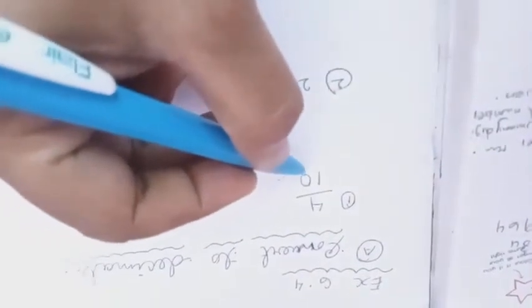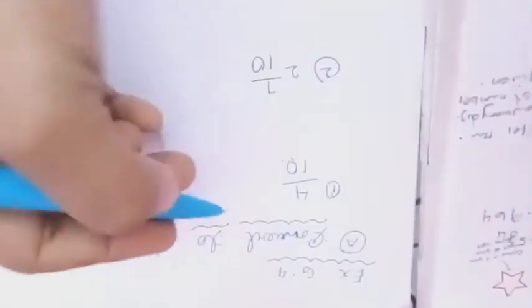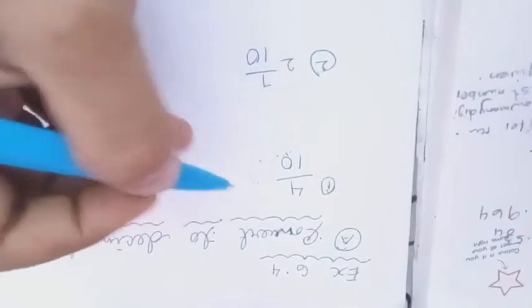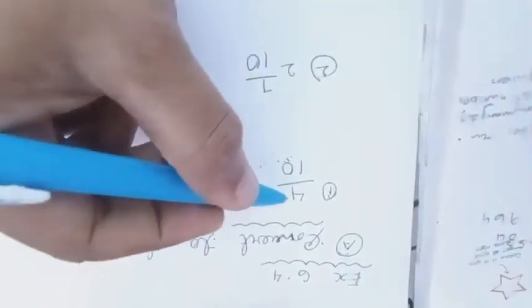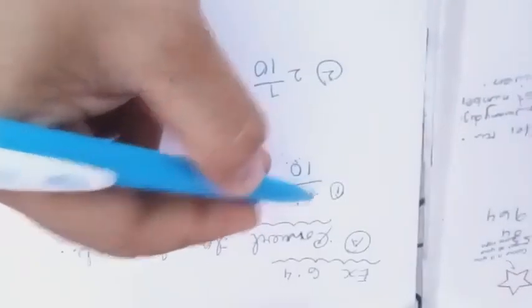For that, what are the instructions I have told you, students? Now, from the right side, count how many zeros are there in the denominator place. So how many zeros? One 0. Got it? So right here, we have to count one number in the numerator. If it is 10, count one time, then place the point.